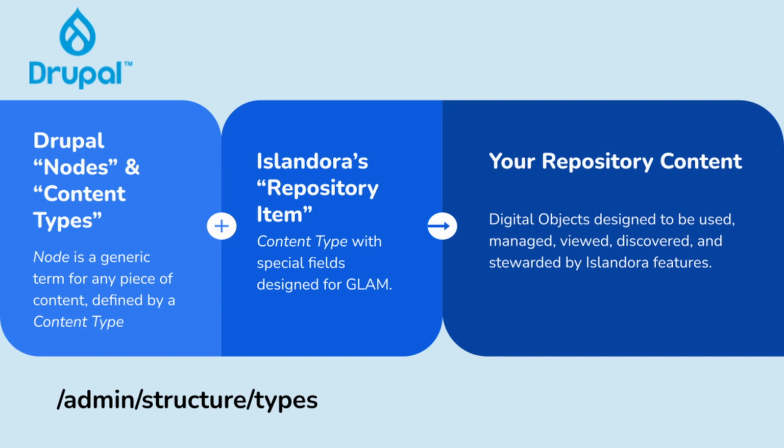So it's a content type and it has a bajillion fields. It has many, many fields that are all mapped carefully based on the MODS schema, but it's very extensible. But the default piece of content that you come out with is the MODS content type. And so this means that your repository content is designed to be used, managed, viewed, discovered and stewarded by Islandora features. So that's what that content model is giving you.